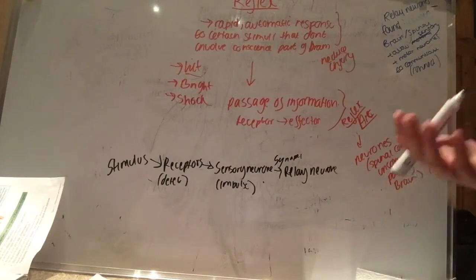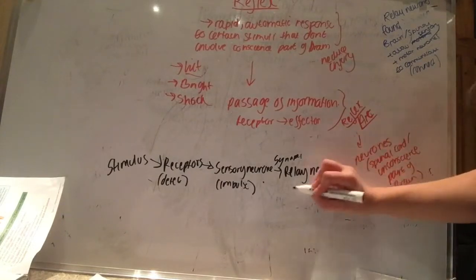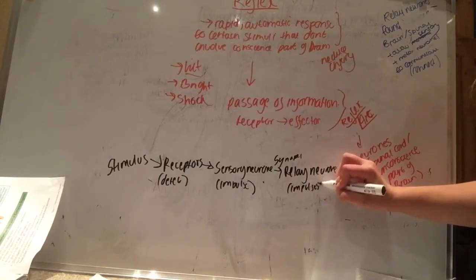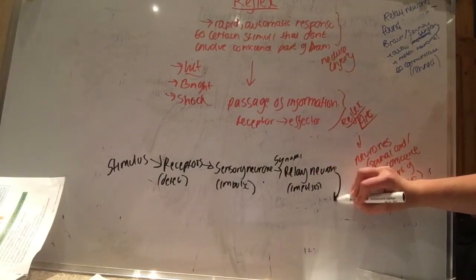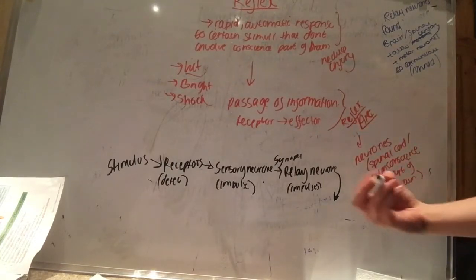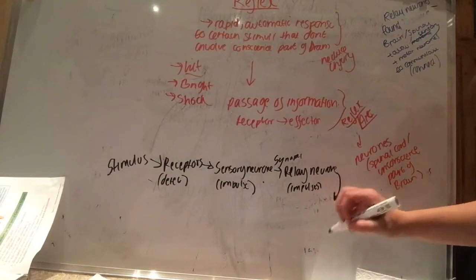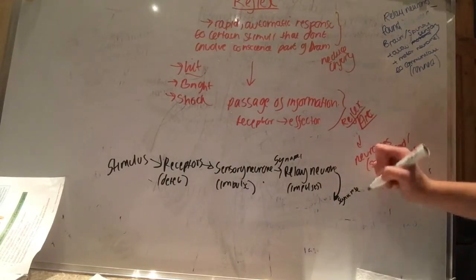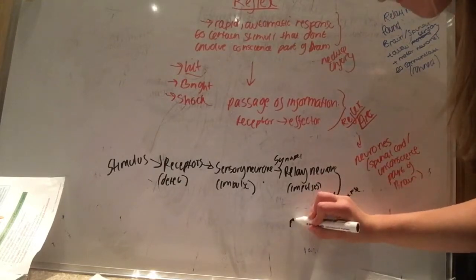These chemicals cause impulses to be sent along the relay neuron. And then we hit another synapse, as you could guess. They reach a synapse, this synapse here, between the relay neuron and the motor neuron.